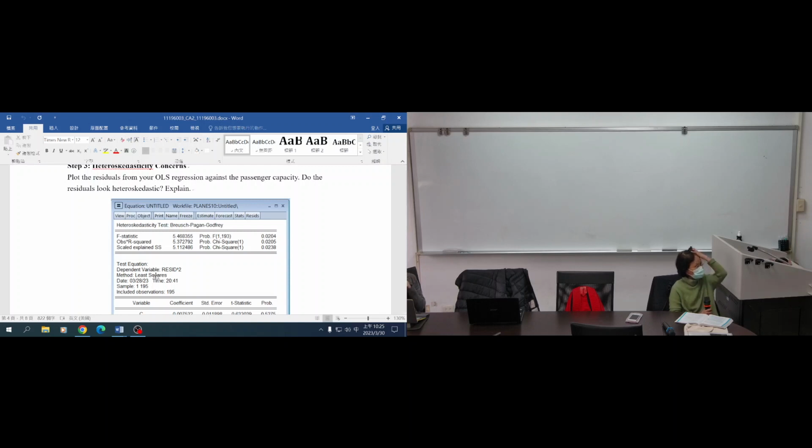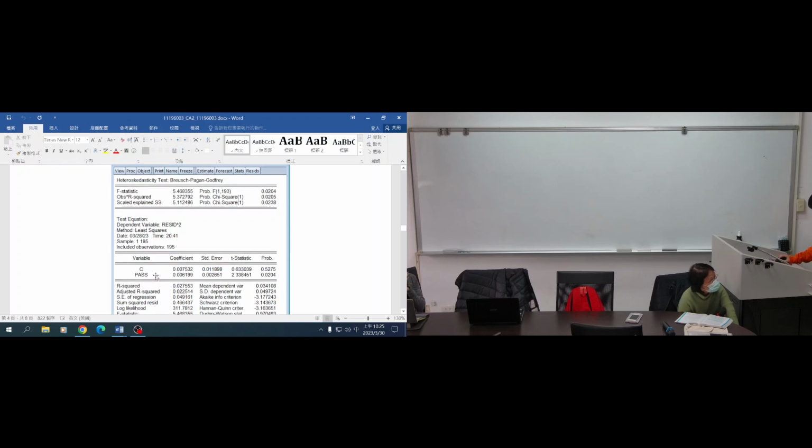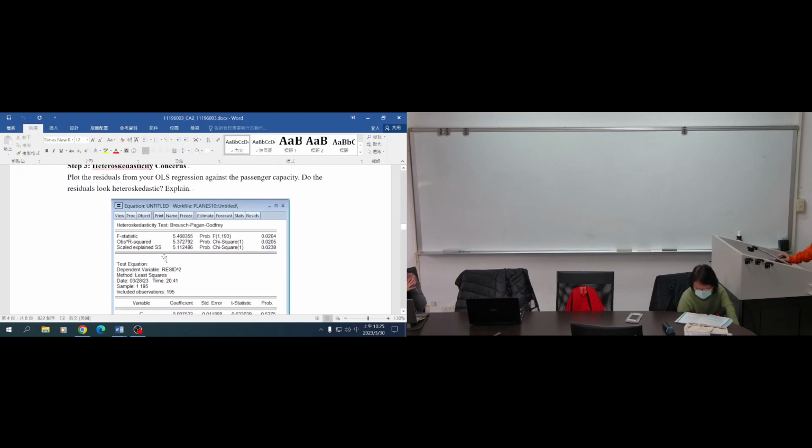So step 3, heteroscedasticity concerns. The result is like here. Okay, I was confused with the question. Plot the residual from your OLS regression. So I'm guessing that we only focus on the paths variable, the passenger capacity variable.